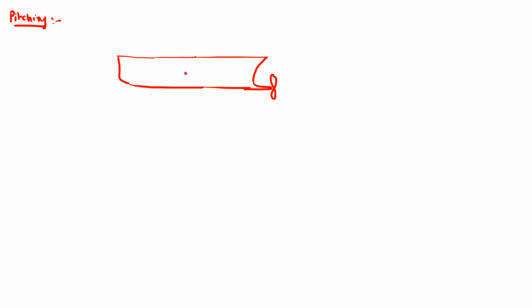So consider this is the center of gravity, and this is the vertical z-axis. This z-axis is called the axis of the gyroscopic couple. And this is one horizontal axis, which is parallel to the axis of spin.